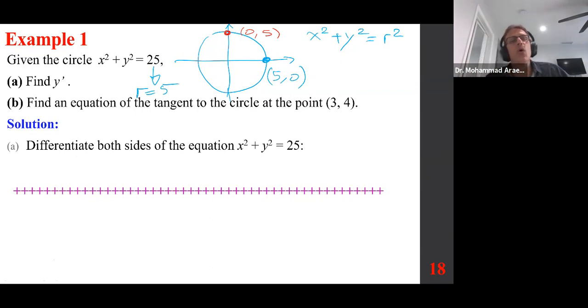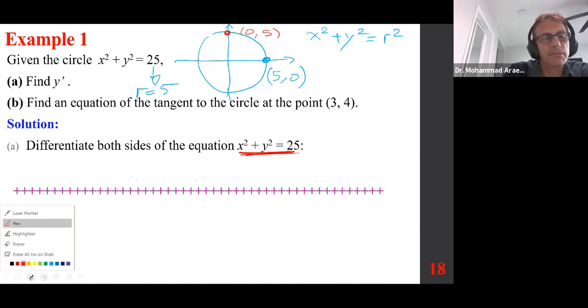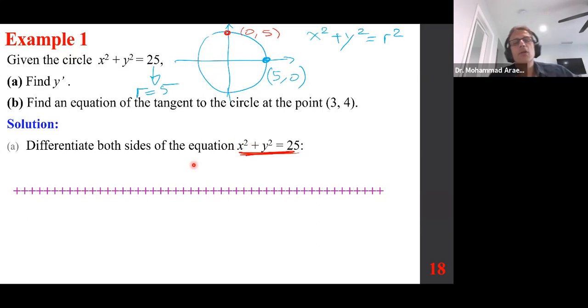So we want to find y prime. Okay, so we are going to differentiate this term by term. X squared gives us 2x. Y squared gives us 2y, y prime.